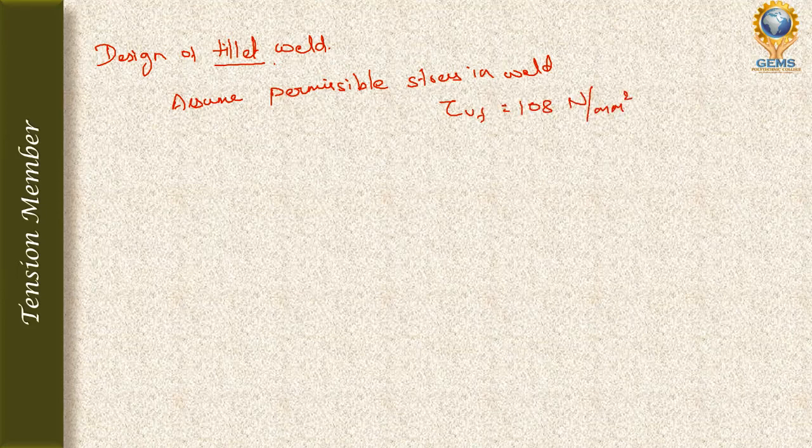Then we have the size given, that is 8 mm. So what is the throat thickness? Effective throat thickness TT is equal to K into S, that is 0.707 into 8, that is equal to 5.6 mm.